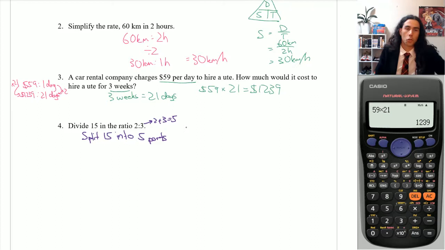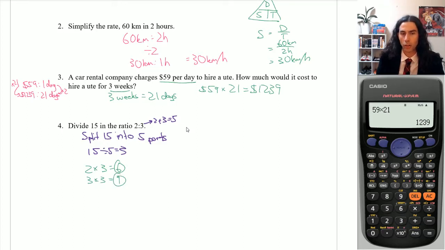And then 2 parts on that side, 3 parts on the other. So 15 divided by 5 is 3. So our answer is we need 2 lots of 3 gives us 6, and 3 lots of 3, 9. So divide 15 in the ratio 2 to 3, you get 6 and 9. It's okay just to circle it. That's good enough.